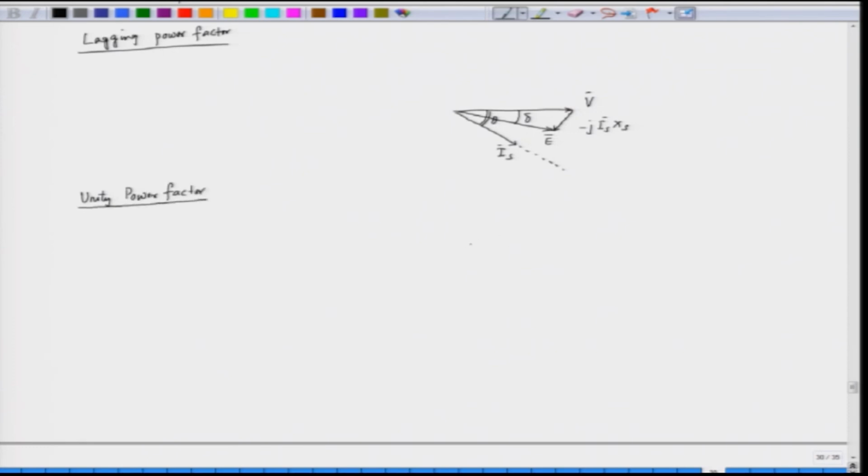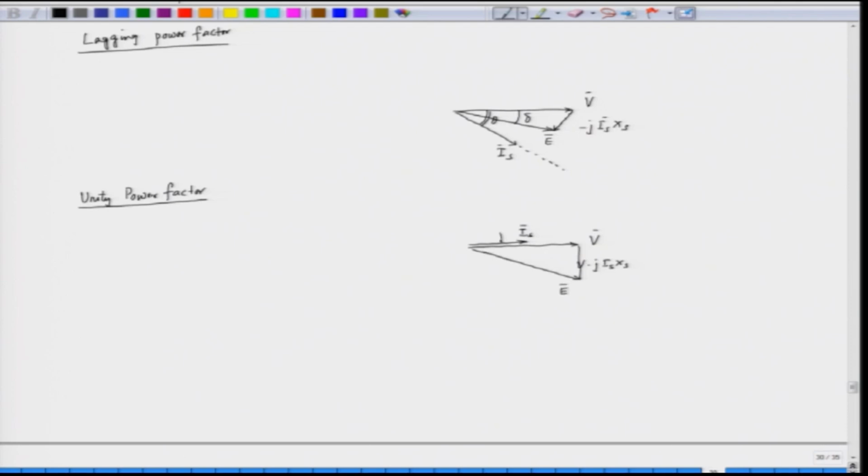If the power factor is made unity, we have the voltage here and we have the current which is in phase, and this is minus j Is Xs, and this is E, the induced EMF.